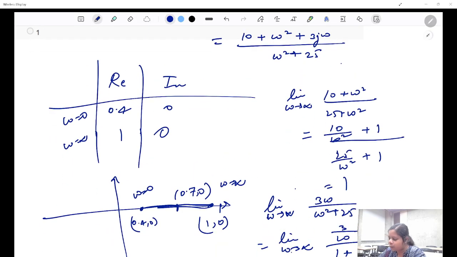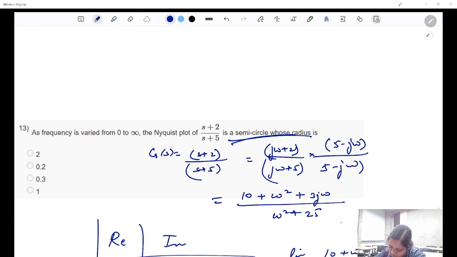So the radius is going to be the difference between 0.4 and 1, which is 0.6, and 0.6 by 2, so 0.3 is the radius of the circle. All right. Okay, I think it is clear.